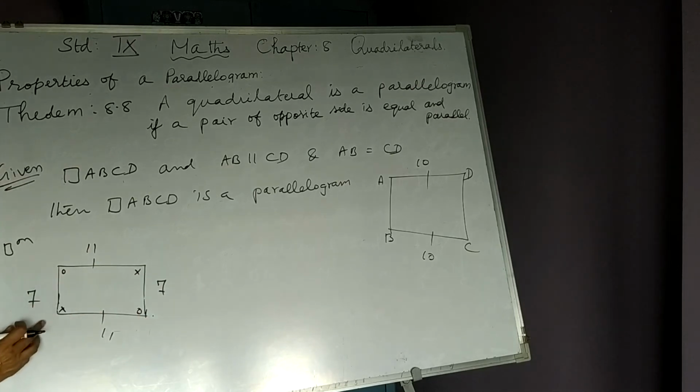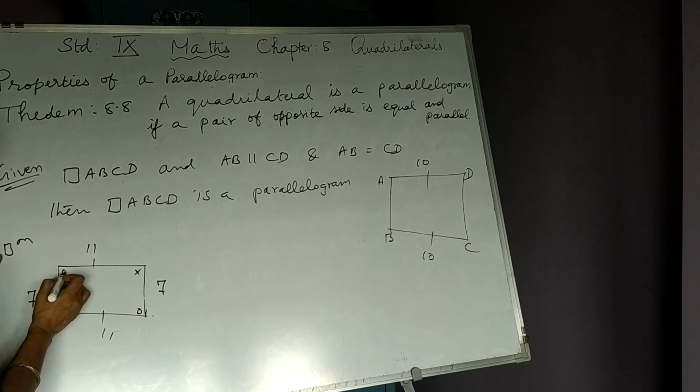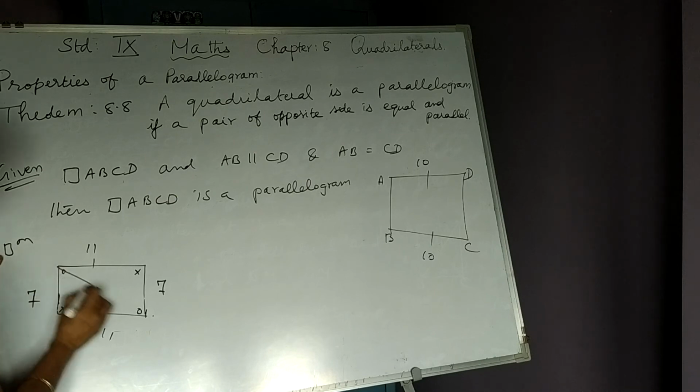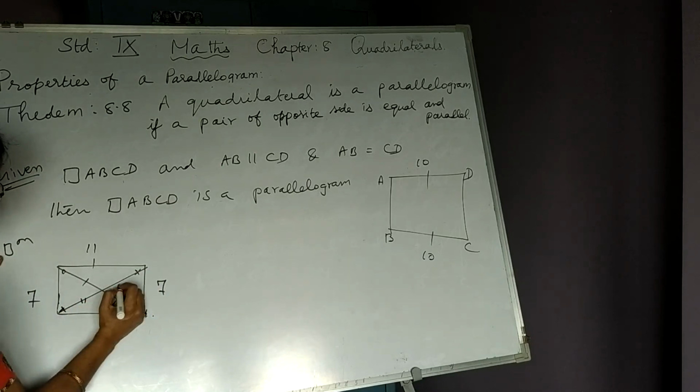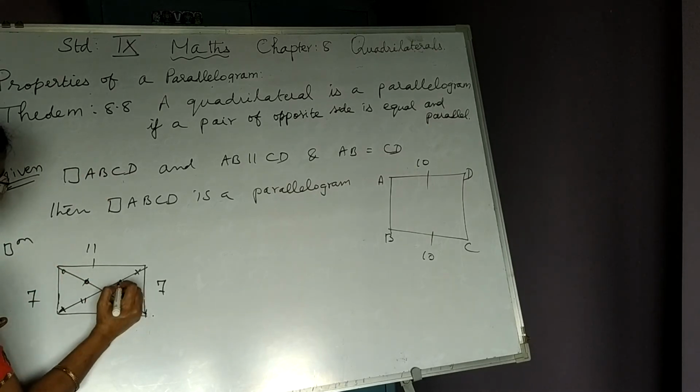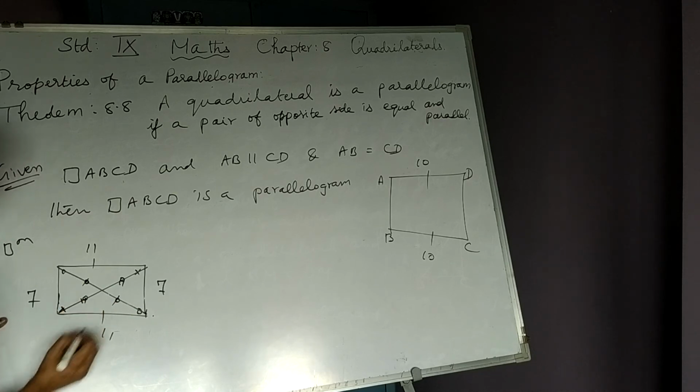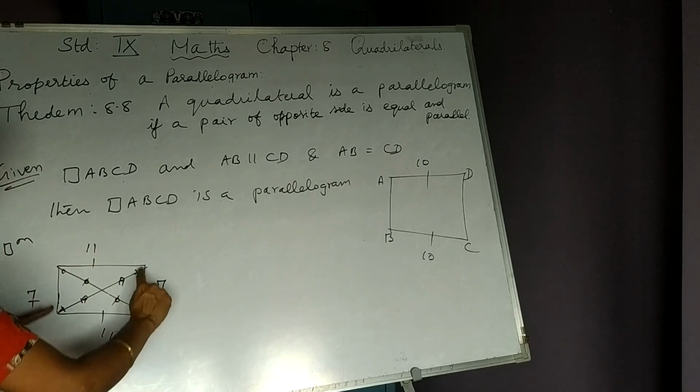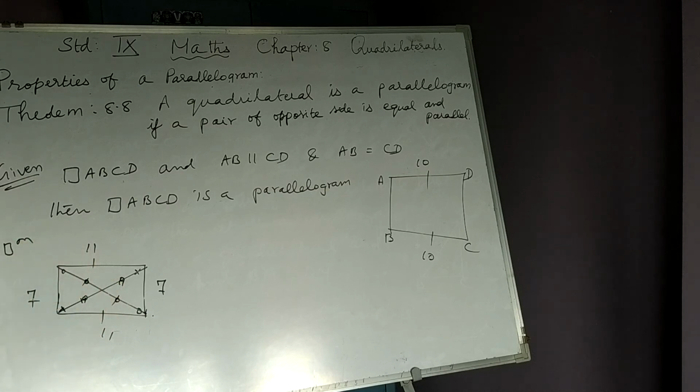And the next is diagonals bisect each other. If these are the diagonals, they meet at their midpoint. Right? These are the properties and we studied their converse also. So in any parallelogram, opposite sides are equal, opposite angles are equal, diagonals bisect each other.